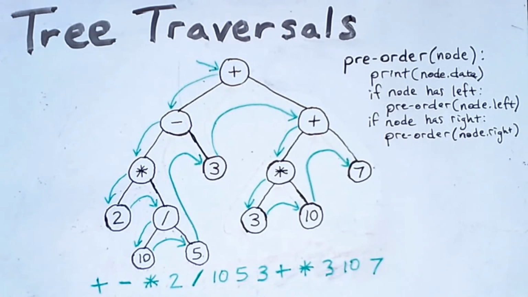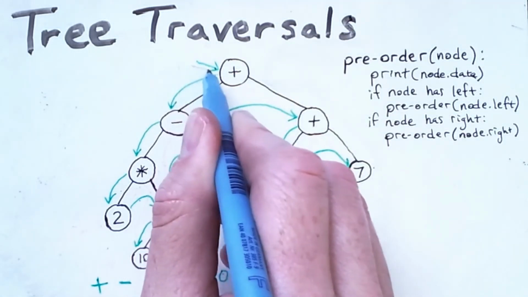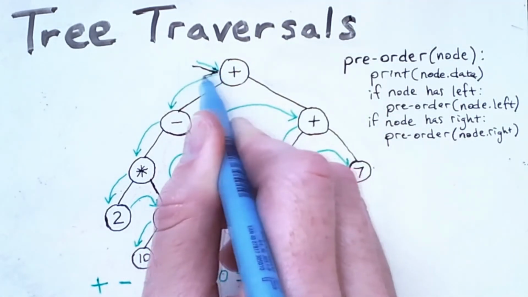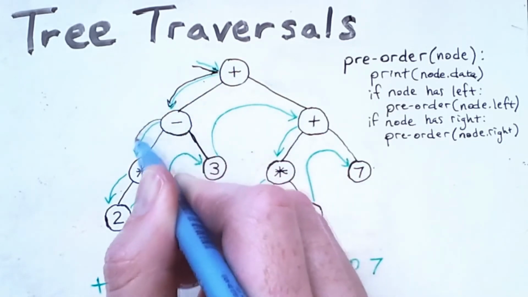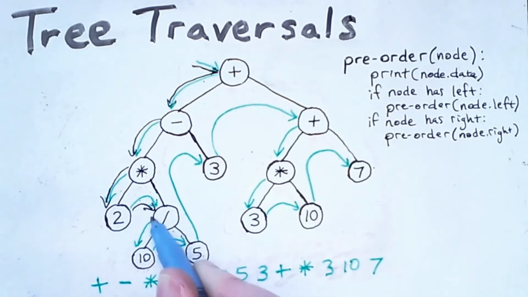So let's say, rather than wanting to print out this expression, I just wanted to visit the nodes and then stop as soon as I found, let's say, a division operation. Well, that would correspond to going here, here, here, here, here, and then finding that division operation and then stopping.